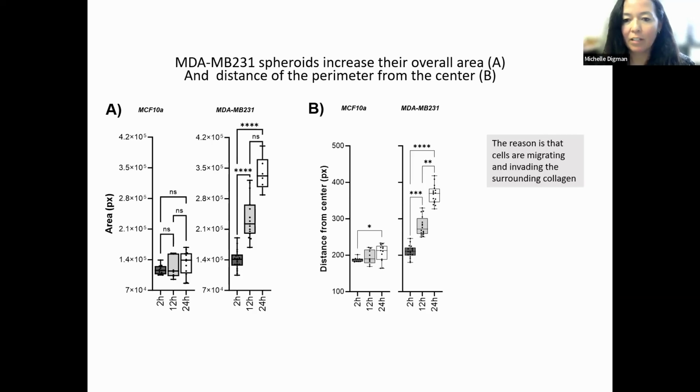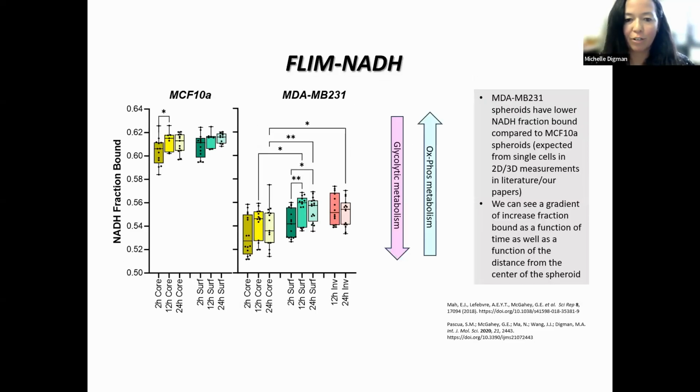Some of our data already is showing that after a certain number of hours of these spheroids, we see that the control cells do not invade from the spheroid itself, but the MB231 triple negative tumor cells invade into the collagen. And in terms of distance from the center, you can see that they travel much further.